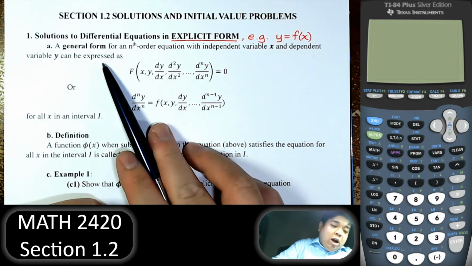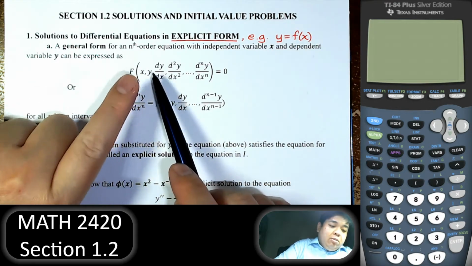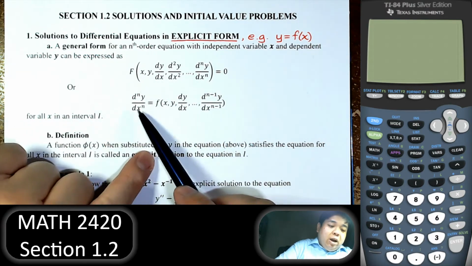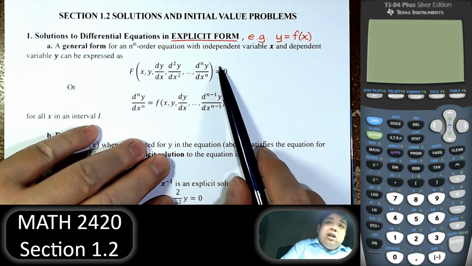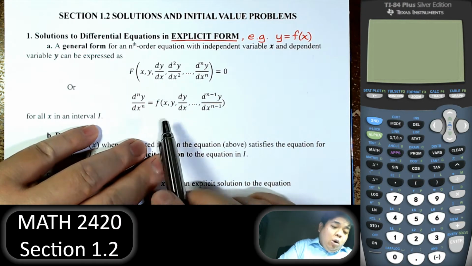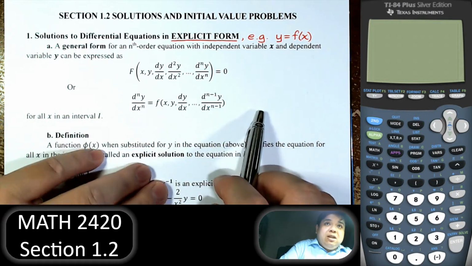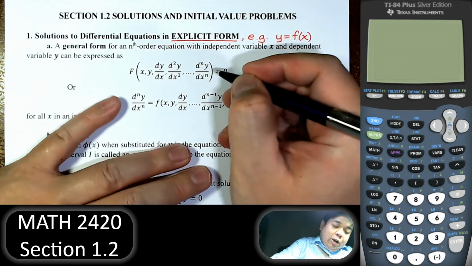Once again, we can write a differential equation in an equation like that or like that, meaning that we have everything on one side, the right hand side is equal to 0, or we can have the highest derivative equal to what's left. We may have one example.